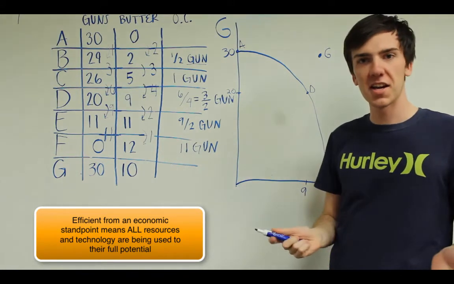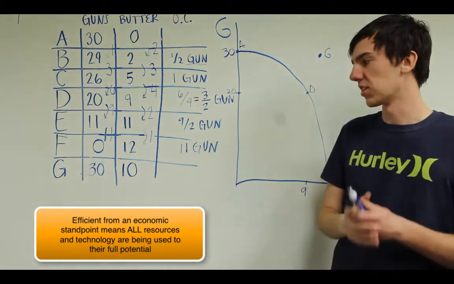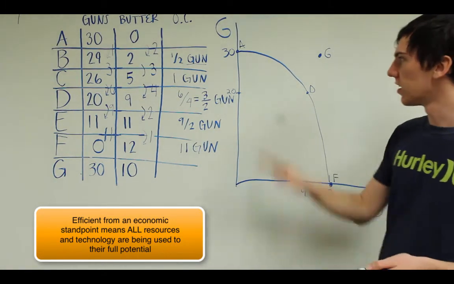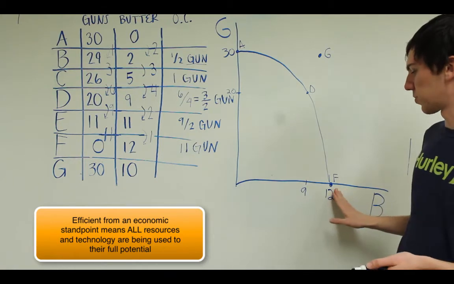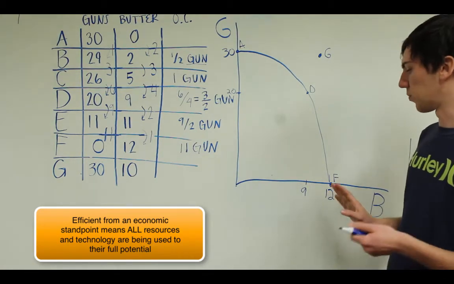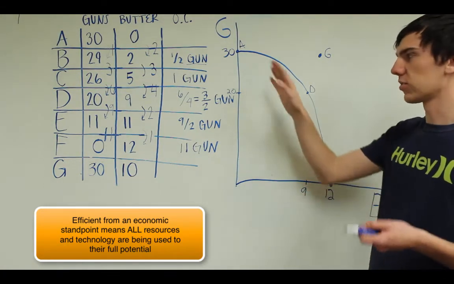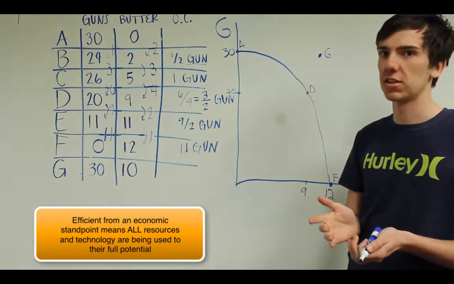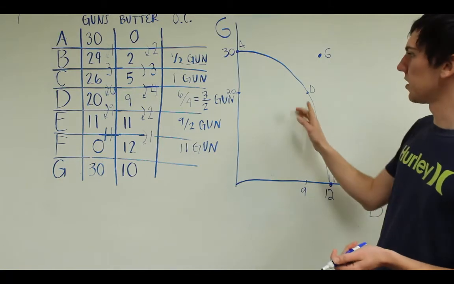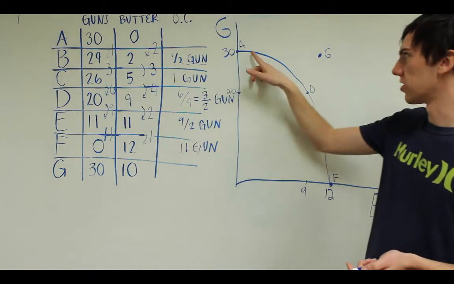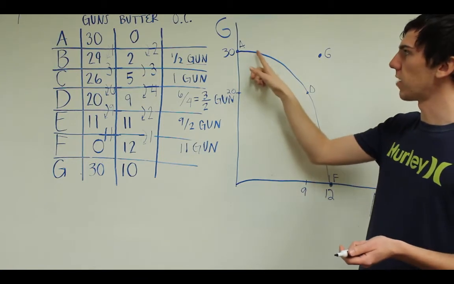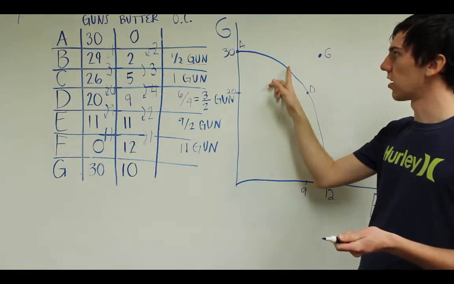If maybe the next day the economy decides everything and everybody is going to be used to produce butter, this curve tells us they're able to produce 12 butter. Both of these combinations are considered efficient because we're using everything we have in the economy. Then these intermediary points on the line are also efficient, because these are trade-offs.